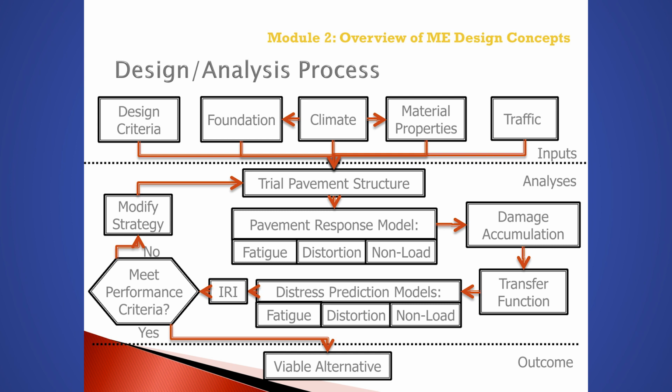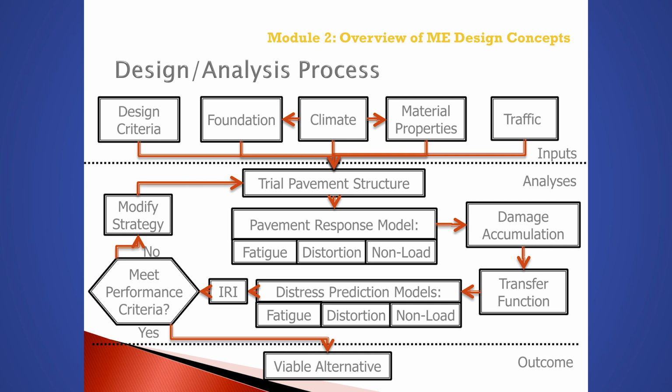You are encouraged to review Chapter 1 of the MEPDG Manual of Practice that provides an overview of each of the segments and input variables, as well as computational strategies to define a viable pavement design alternative for a set of site conditions.